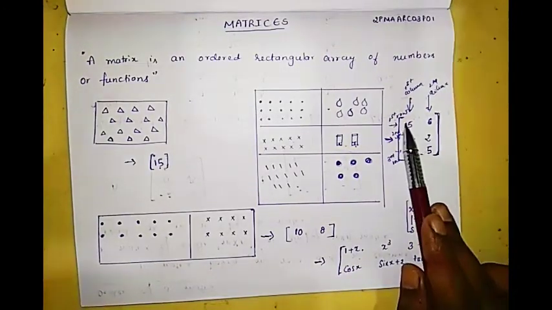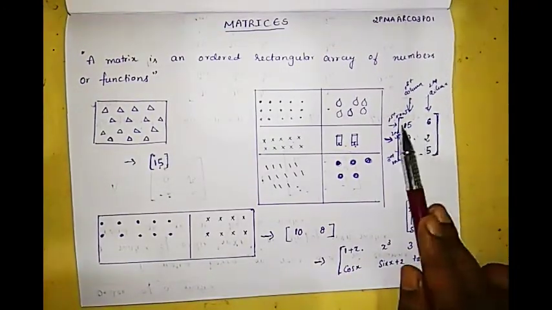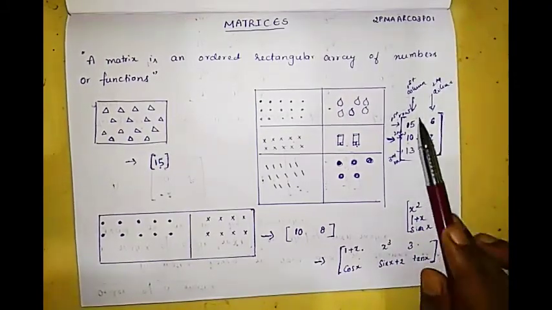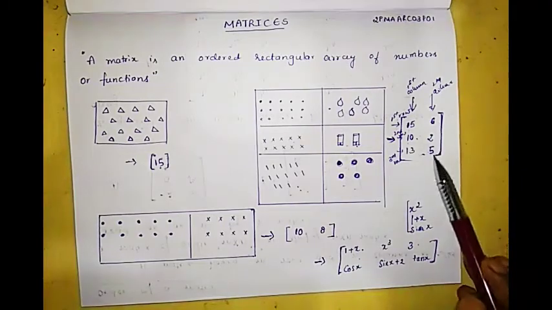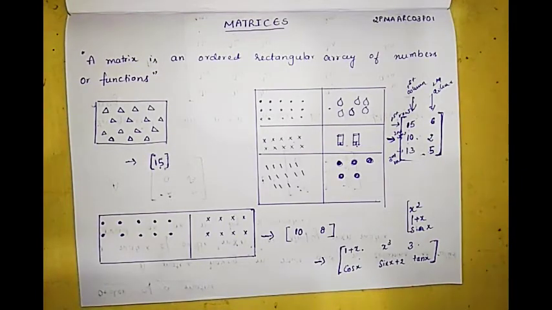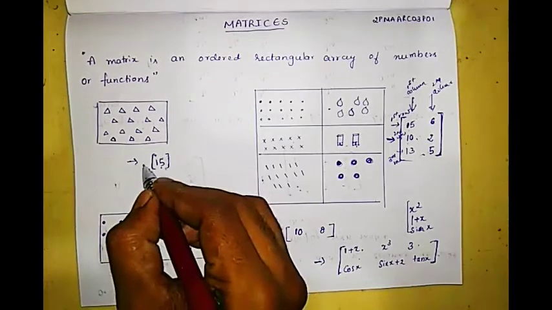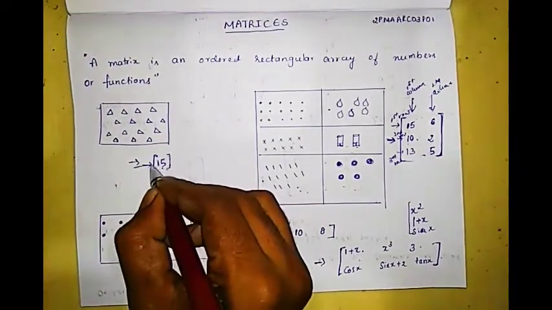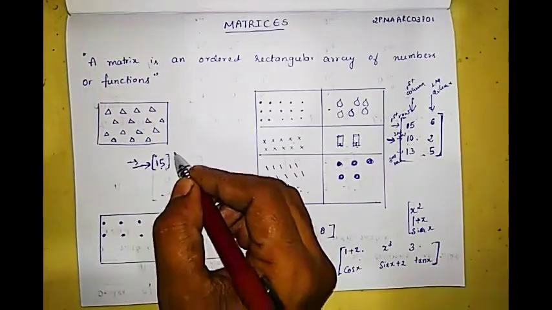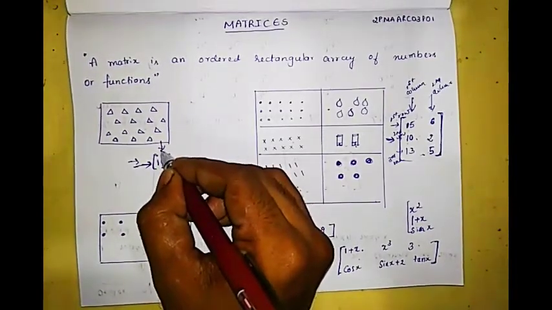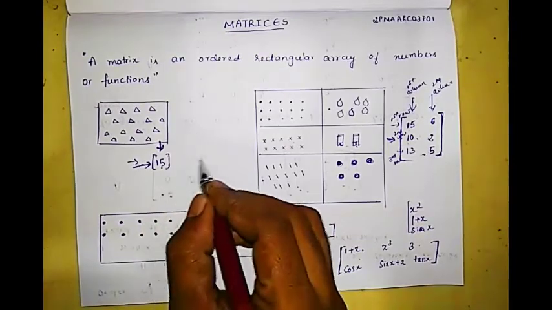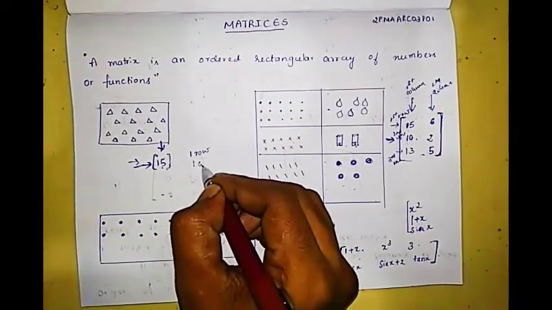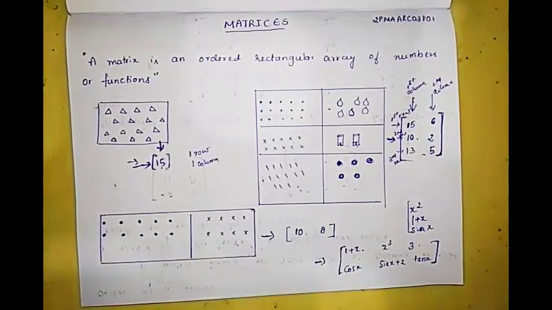Clear? The horizontal lines of elements constitute rows of a matrix. The vertical lines of elements constitute columns of a matrix. Here there is only one row. You can see in this direction there is one horizontal line and one vertical line of elements, so it contains one row and one column.